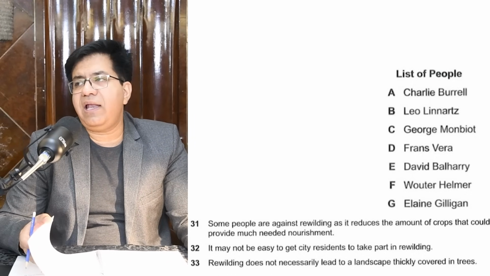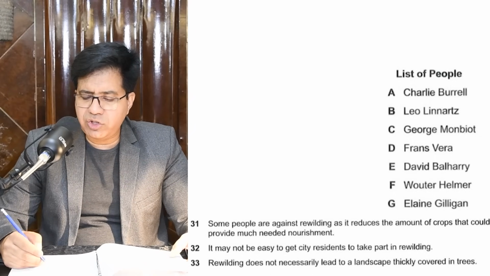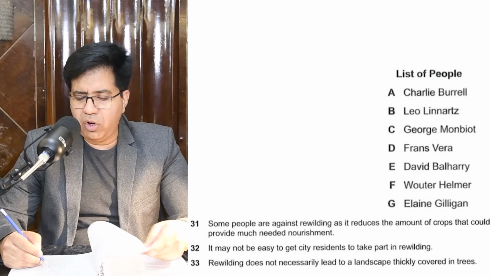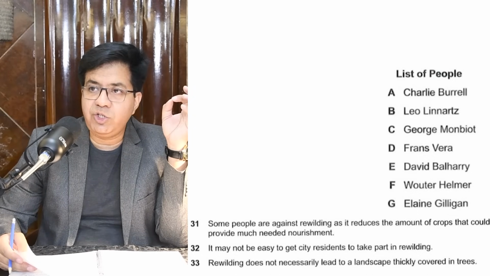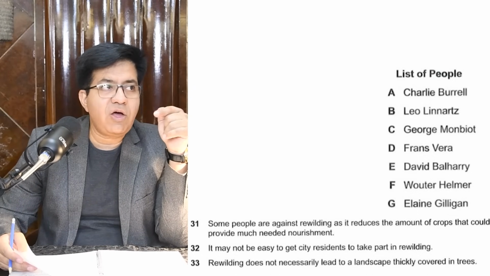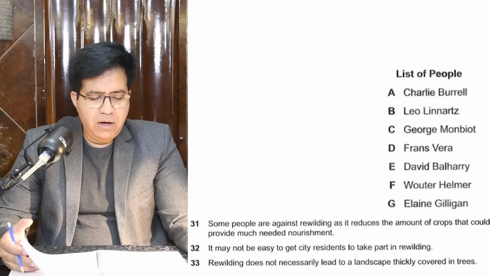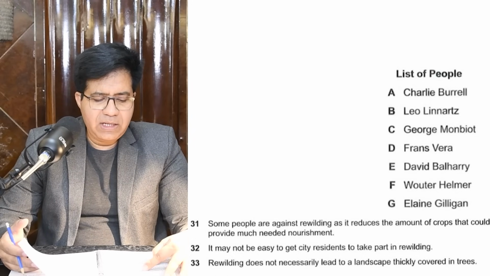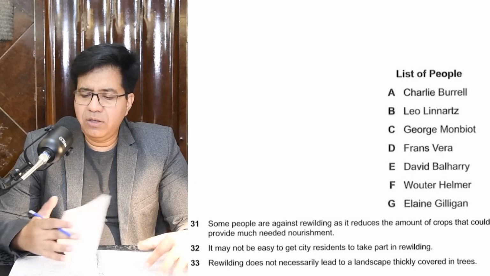And then they're using the last name, Lenartz. Look for George Monbiot. George Monbiot. 3rd paragraph, 3rd line, George Monbiot. Can you see all these names are in order? Then look for France Vera. France Vera. Same paragraph, 6th last line. France Vera. Found it? Okay.